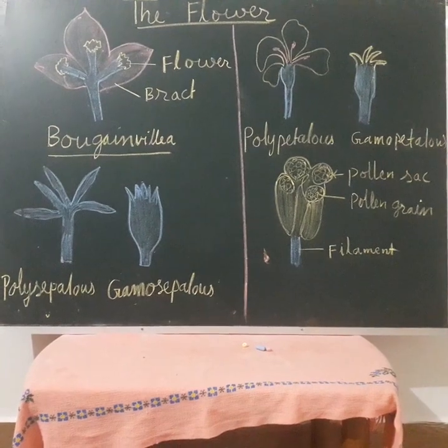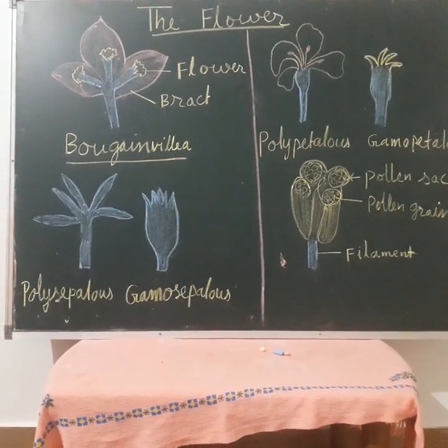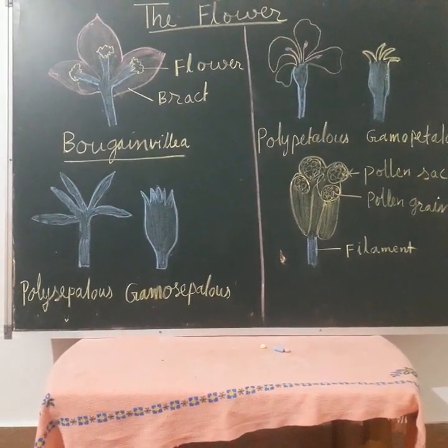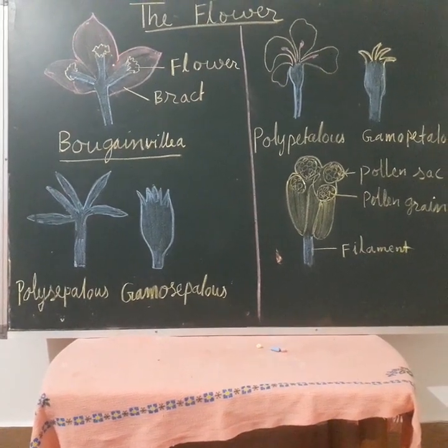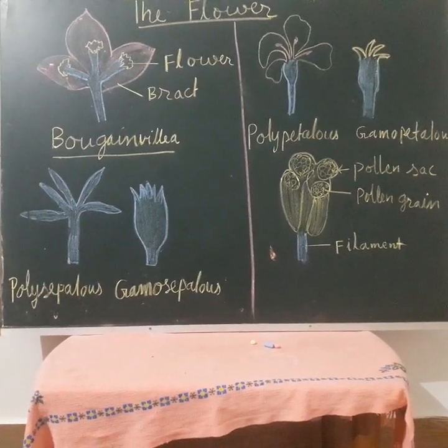The large and colorful bract of bougainvillea is easily mistaken for petals. Here also you can see, at first sight you can tell these are the petals of the flower, but it's not that.